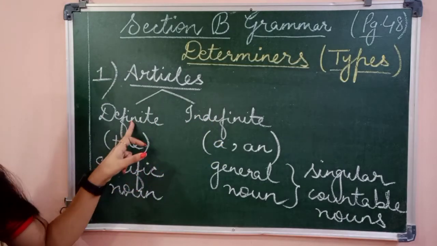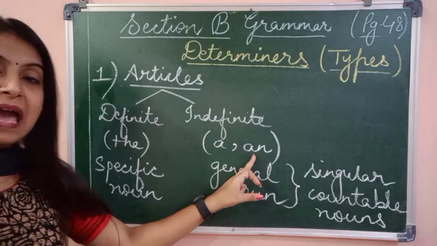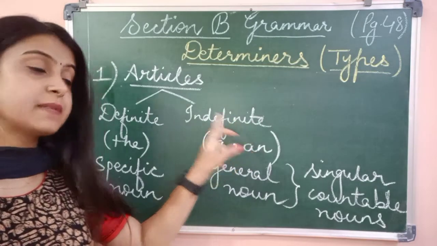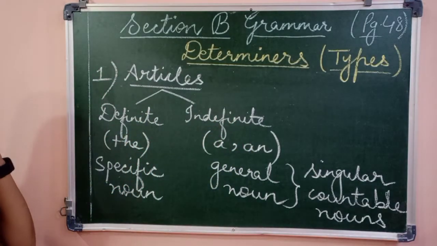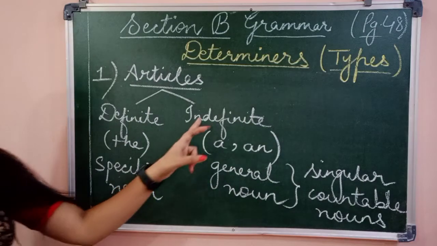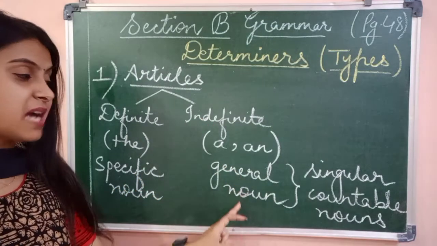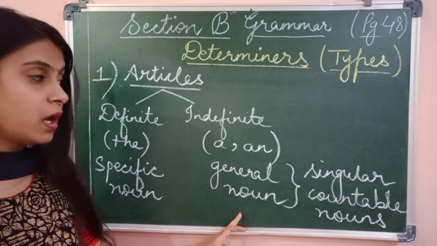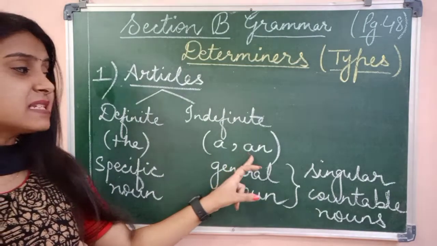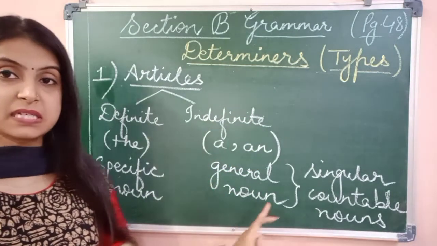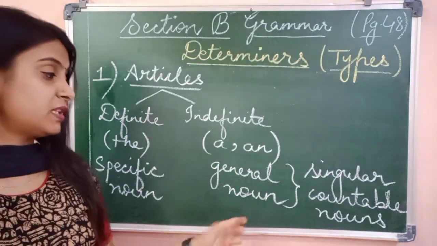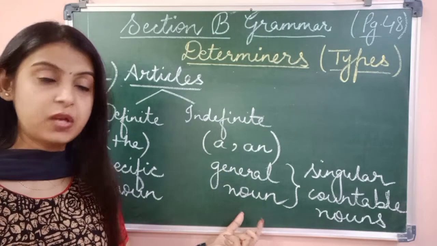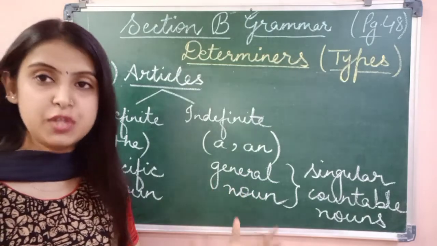The is a definite article, a and an are indefinite articles. Definite articles point out at specific nouns and indefinite articles point out at general nouns. Okay, now a and an are indefinite articles and they are used before the nouns that are not specific, or you can say that are general.